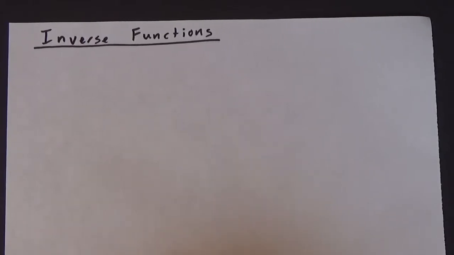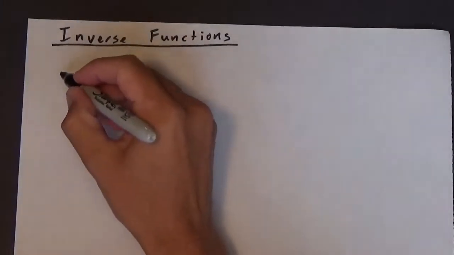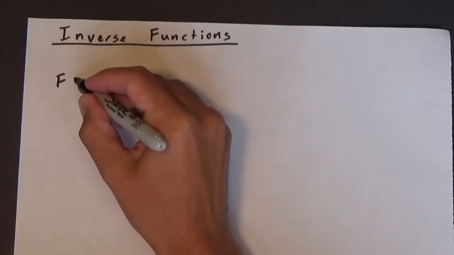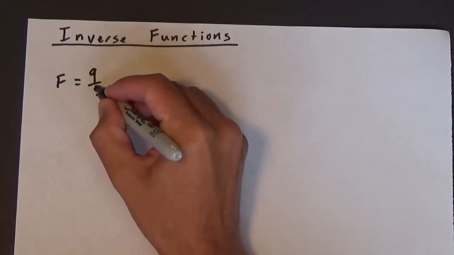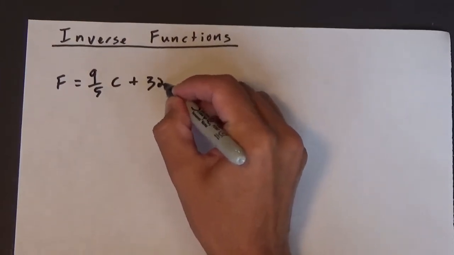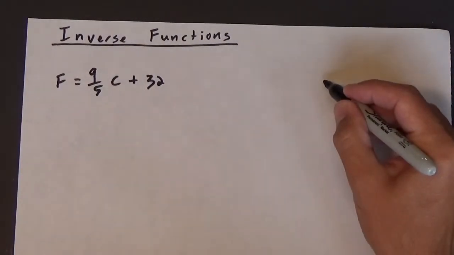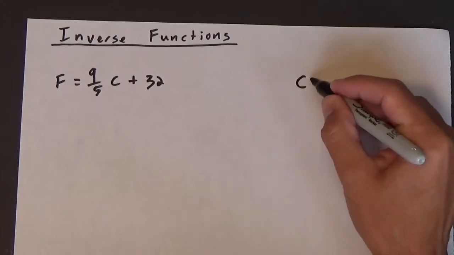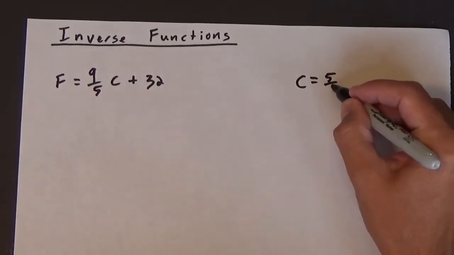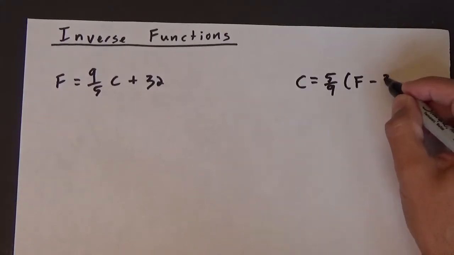And so let's look at a very well-known inverse pair relationship. So if I put here F equals 9/5 C plus 32, and over here I'll put C equals 5/9 times F minus 32.